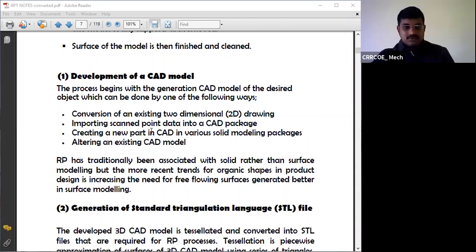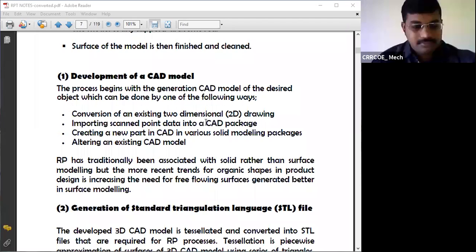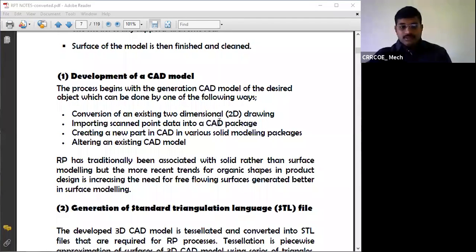Importing point data into a CAD package. Whatever may be the data collected or according to the customer requirement, we are going to have a CAD package.